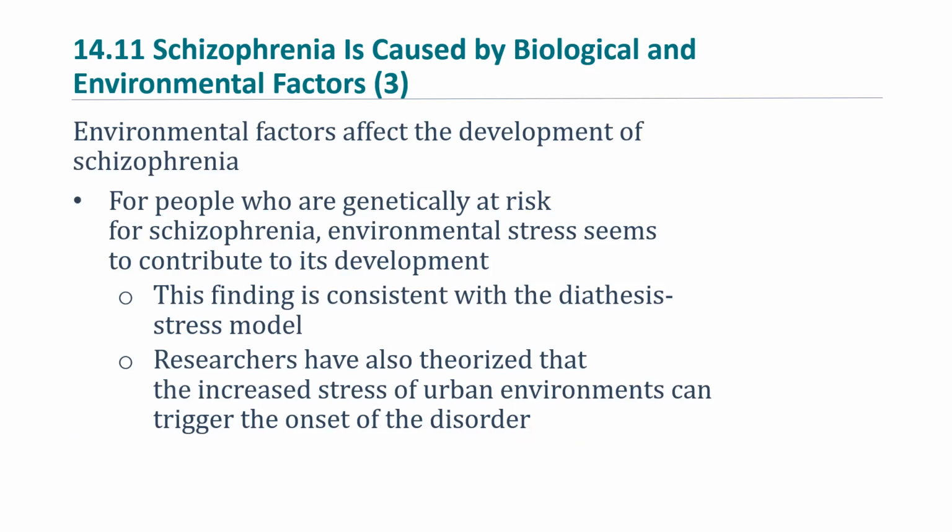And this would support the finding that more people get schizophrenia in urban environments compared to rural environments, because there are more stressors in an urban environment. So the stress is one of the components that is needed according to the diathesis stress model.